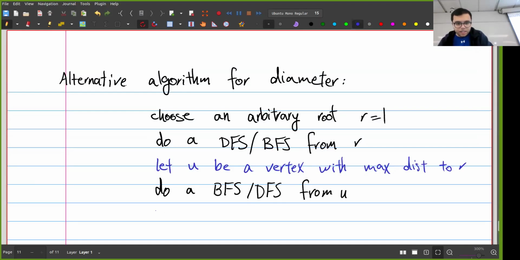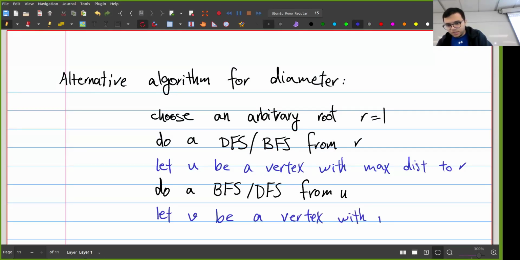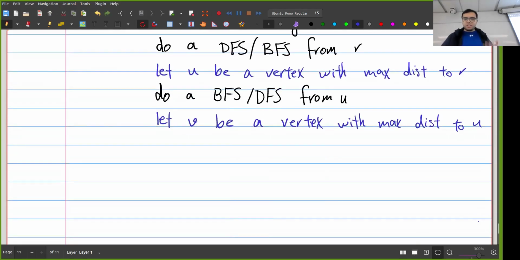And then let V be a vertex with maximum distance to U. Now my diameter is the distance from U to V, and my two vertices on the two ends of the diameter are U and V. So based on what you want to output, you can just say output U, V, and the distance from U to V, whichever you like.